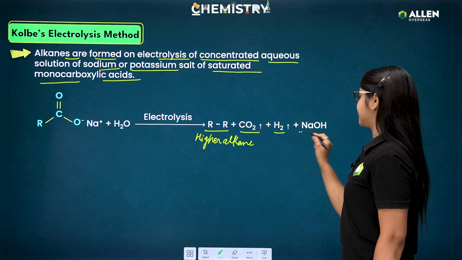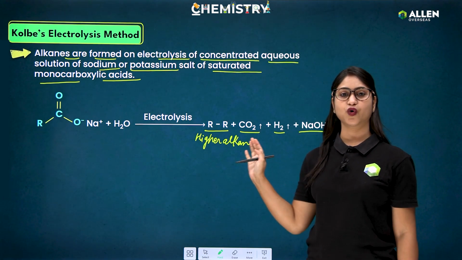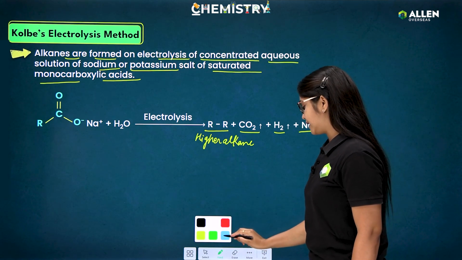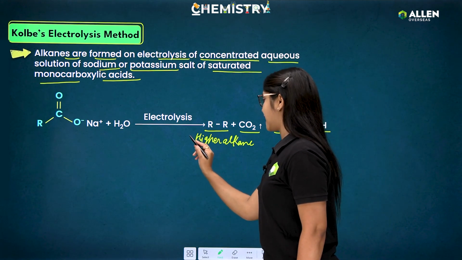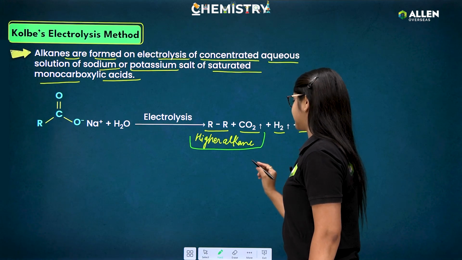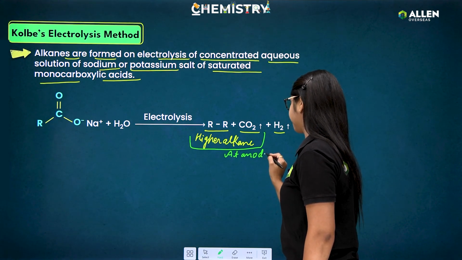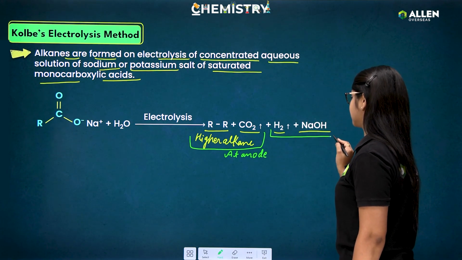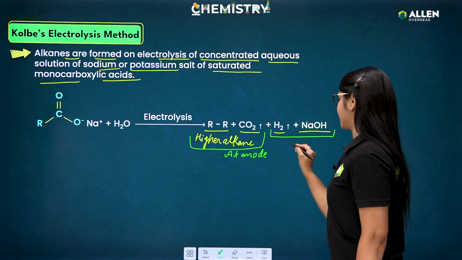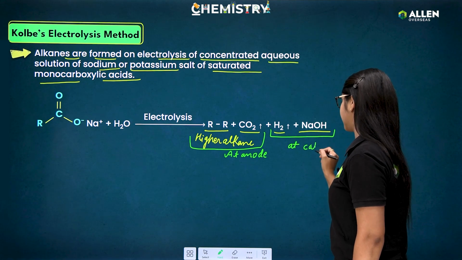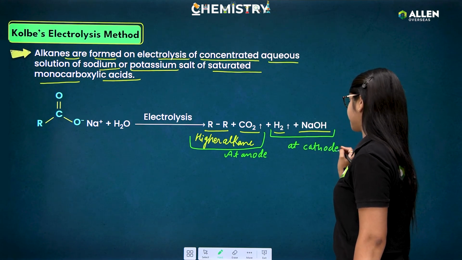These are the products of Kolbe's electrolysis, and a very important thing is that the alkane and CO2 are obtained at the anode, and hydrogen gas and NaOH are obtained at the cathode. This is the important thing about this.